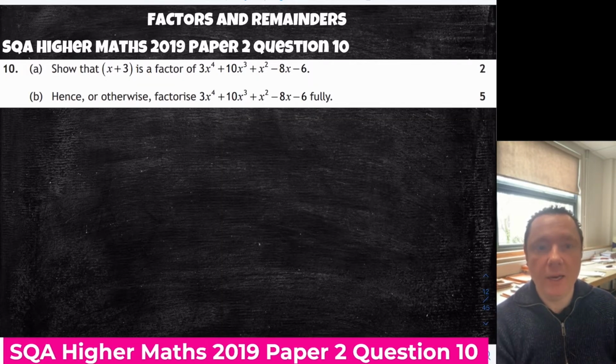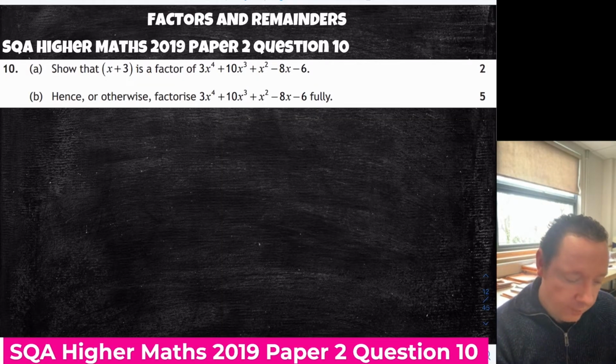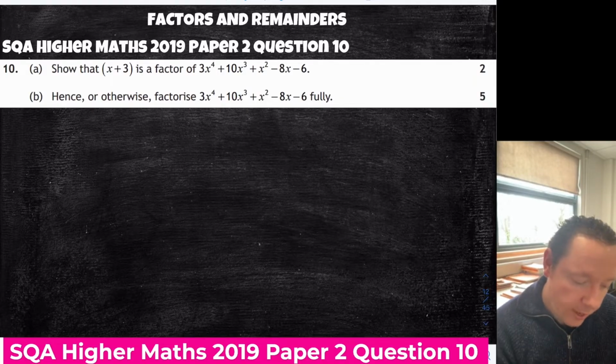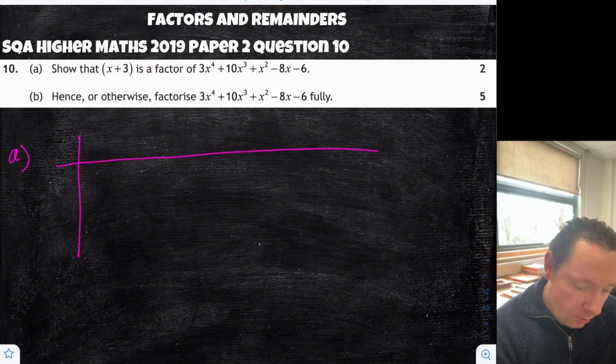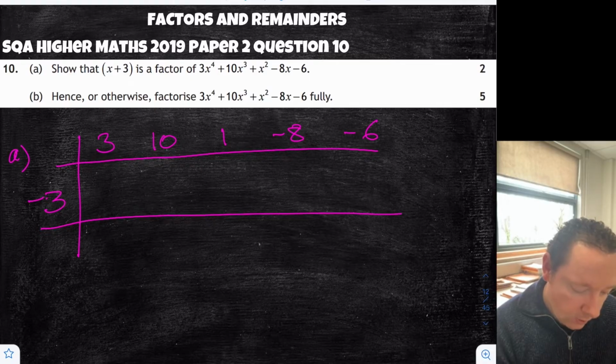Next, Higher Maths 2019, Paper 2, Question 10 for factors and remainders. Show that x plus 3 is a factor. So part A, synthetic division. We've got 3x to the 4, 10x cubed, 1x squared, minus 8x, minus 6, so we're subbing in minus 3. Take the 3 down, minus 3 times 3 is minus 9, 10 minus 9 is 1. 1 times minus 3 is minus 3, minus 3 add 1 is minus 2.